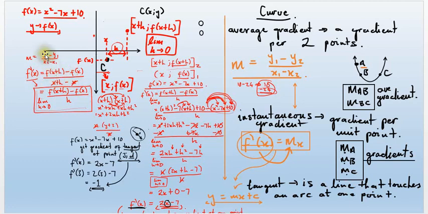where we said the y2 is f of x plus h. We put it in. The y1 is f of x, we put it in. And then the x2 is x plus h, put it in. And with x subtraction, you get the first principles formula.